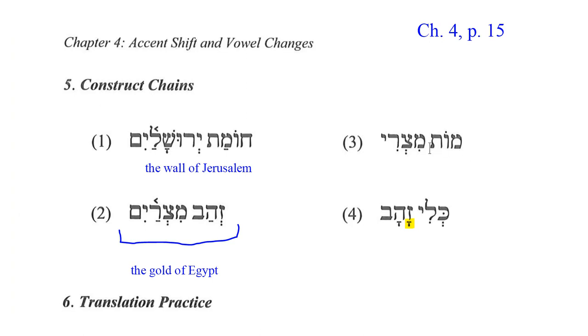We have Mot Mitzri. Mitzri is Egyptian. Egyptian is not a proper name because we could have either an Egyptian, meaning an indefinite Egyptian, or the Egyptian, meaning some particular Egyptian. So although Egyptian sounds like it might be a proper name, it's more of a descriptive noun.